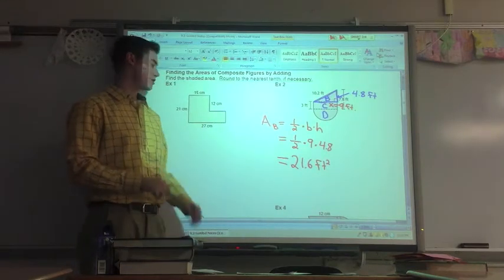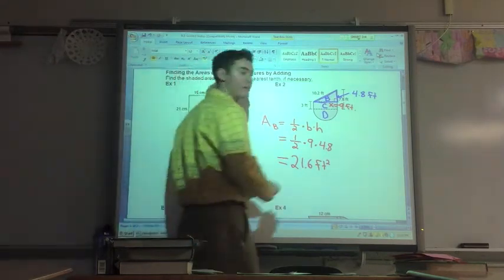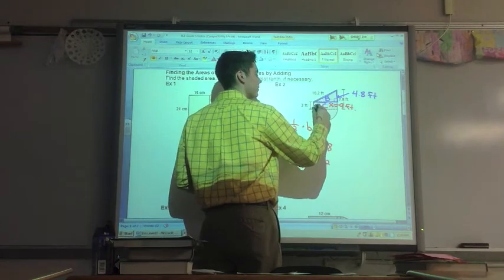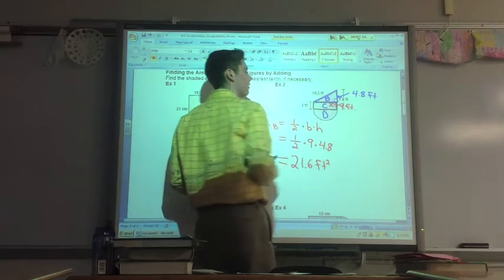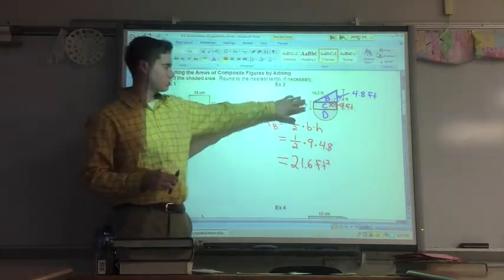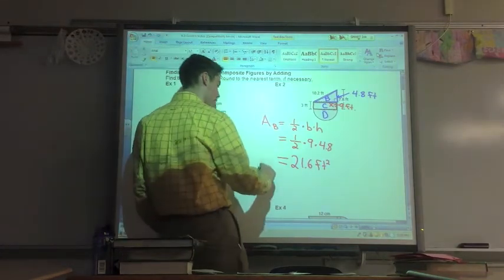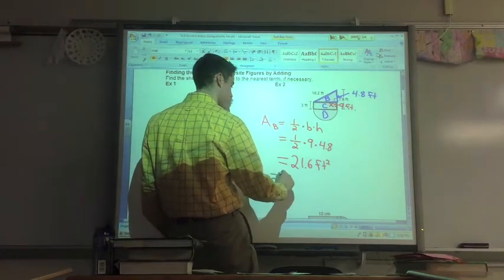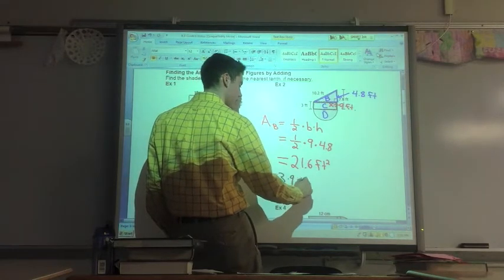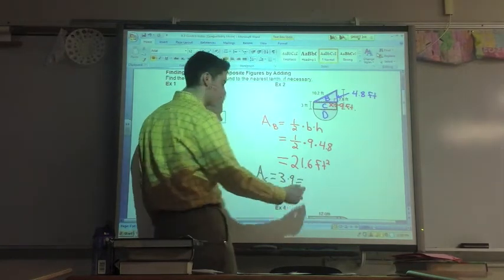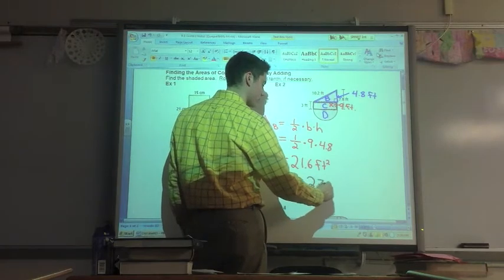That gives us the area of region B. The next thing we're concerned with, and I'll highlight this in black, is the area of region C. Well, the area of region C is going to be equal to a rectangle's area, which is the length times the width. And so the area of region C is equal to 3 times 9, which is obviously the length times the width, which comes out to be 27 feet squared.